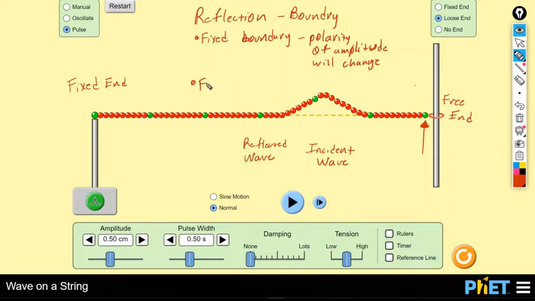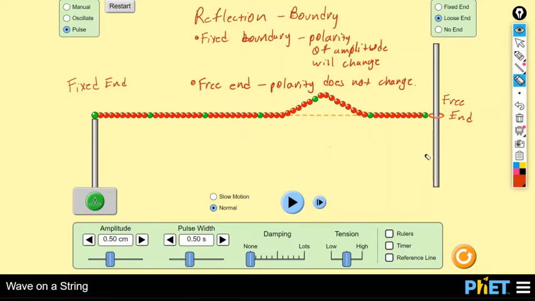For the free end, or the free boundary, the polarity doesn't change. And there's one more thing you may be wondering about. What about the amplitude? Does the amount of the amplitude change? Well, it doesn't. Let's clean this up a little bit and we'll take some measurements to prove that.